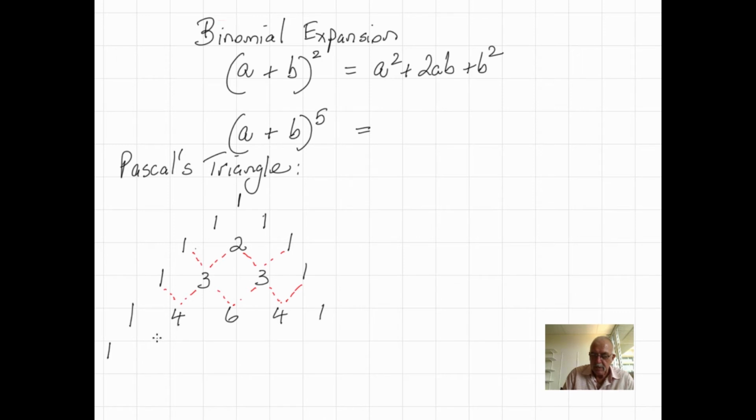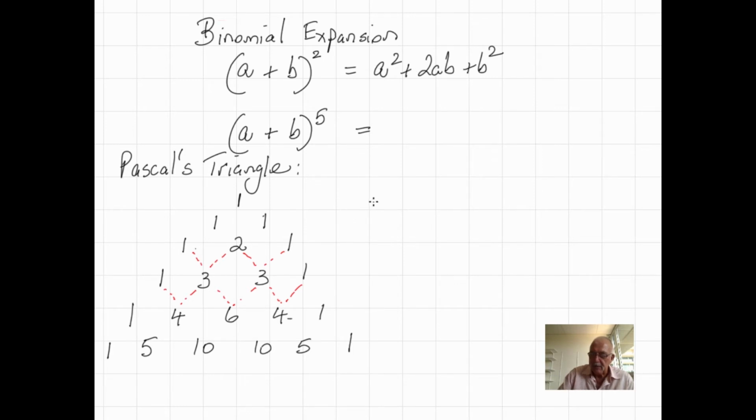Then 1, 4 and 1, 5, 4 and 6, 10, 6 and 4, 10, 4 and 1, 5. Always starts and finishes with 1, and so on. You can keep going further on. So we use these numbers here for the coefficients. The coefficients are the numbers that go before the terms.